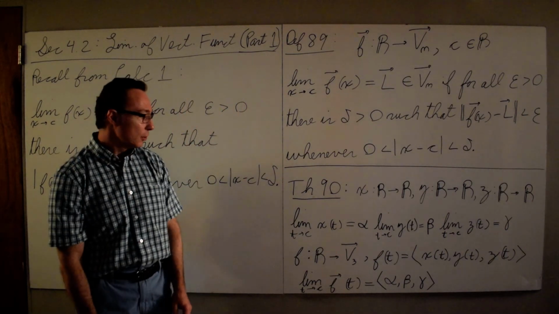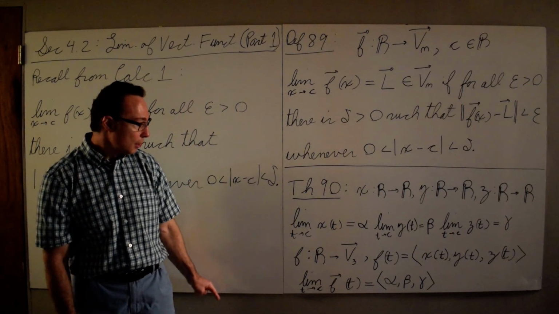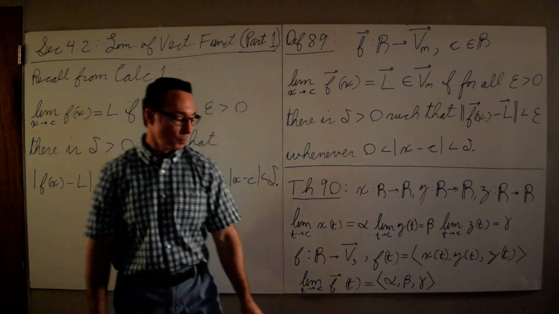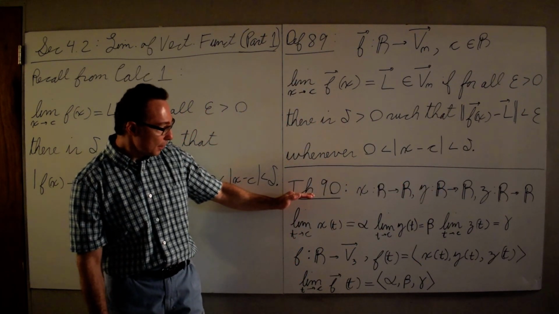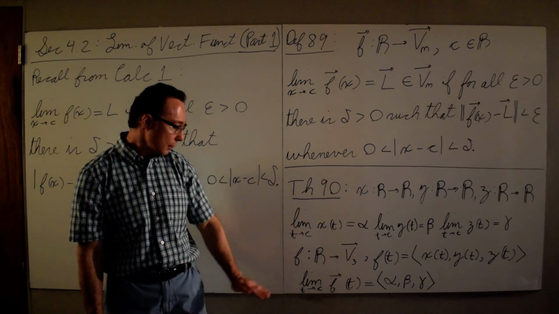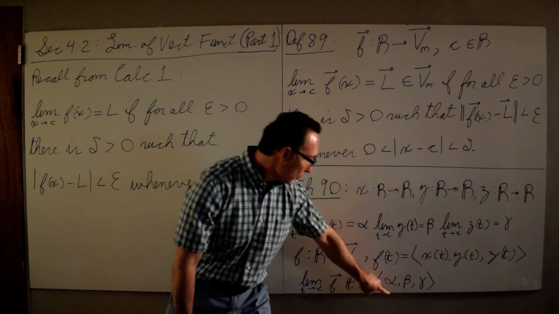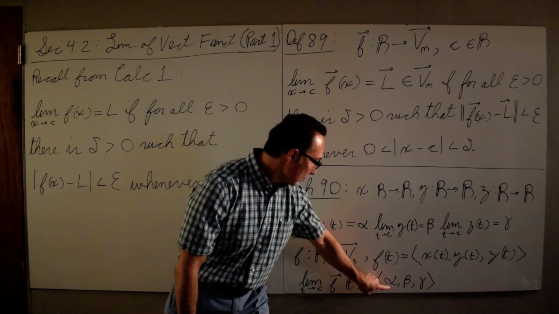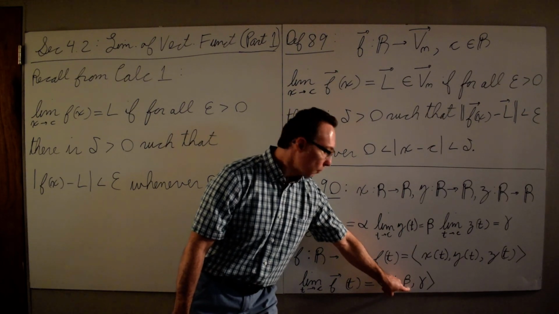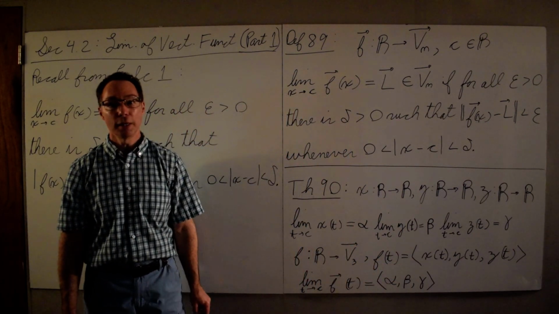In other words, all we have to do is calculate the limit of each of these three functions, and if the limit exists, then the limit of our vector valued function also exists. And component-wise, it's just each limit: the limit as t approaches c of x, the limit as t approaches c of y, the limit as t approaches c of z.